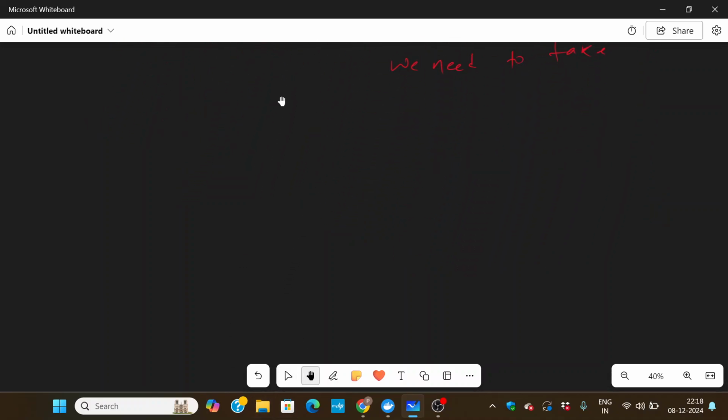LangGraph works on the concept of graph. You would have heard this term in graph DB and graph RAG, but in a graph we have different nodes, and then we have a connection between them.